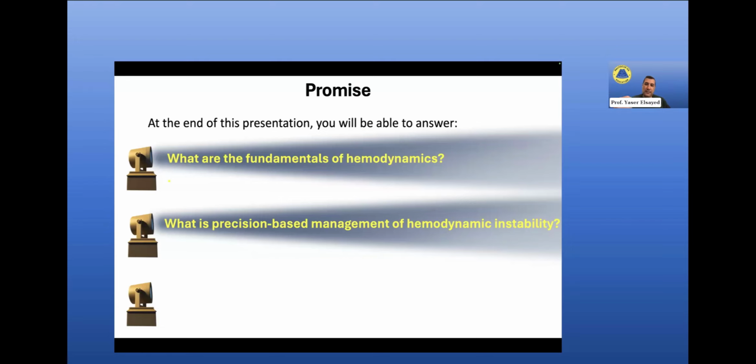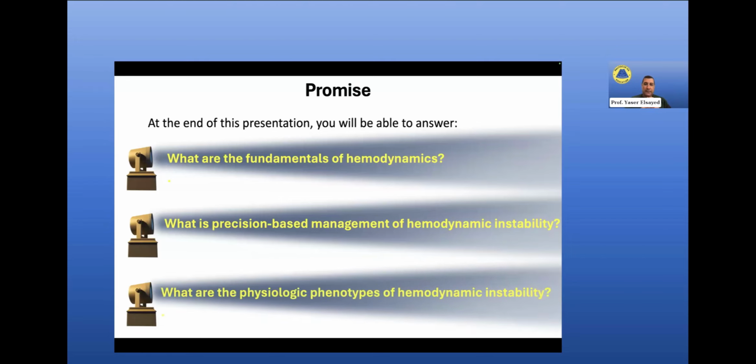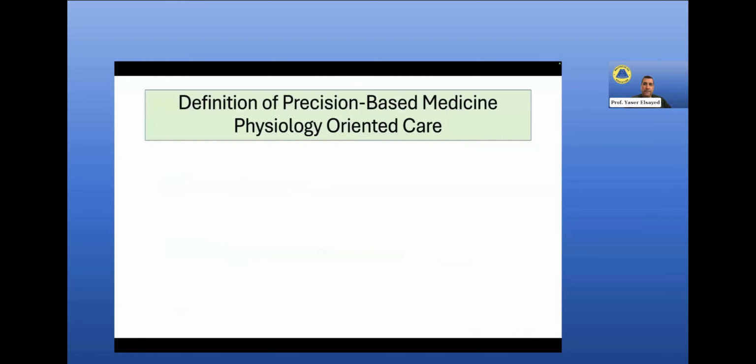Everyone is different, especially when you're talking about complex diseases or complex physiology like hemodynamics. And then, what are the physiologic phenotypes of hemodynamic instability and how to manage these phenotypes with some case scenarios? I will try to do my best to finish these three comprehensive objectives in about 40 minutes.